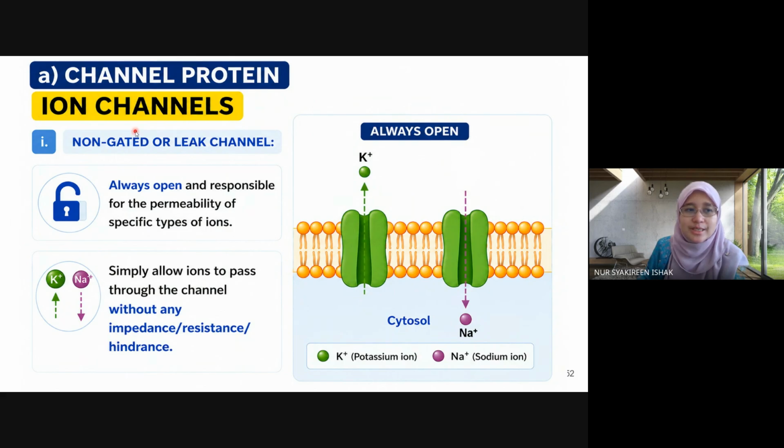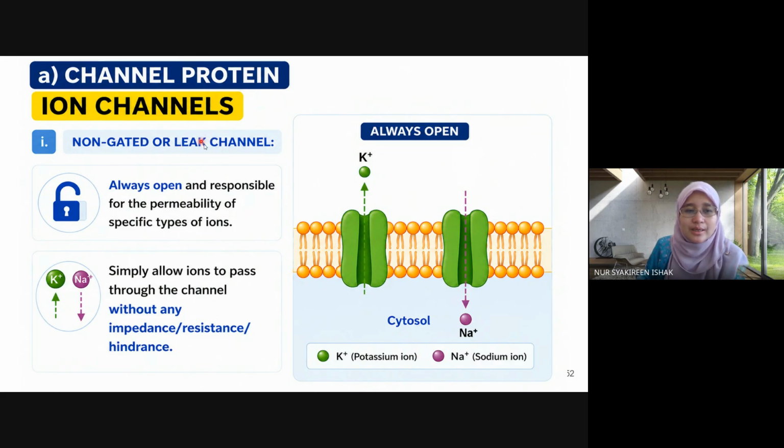Okay, so ion channel. So this ion channel, we have several types. Okay, a few types. So the first type of ion channel, here we have non-gated ion channel. Kau boleh tak kat sini? Non-gated ion channel or leak ion channel. Tambah ion kat sini. Okay, ion.